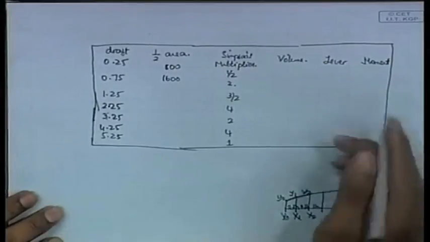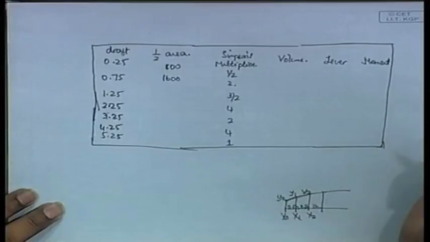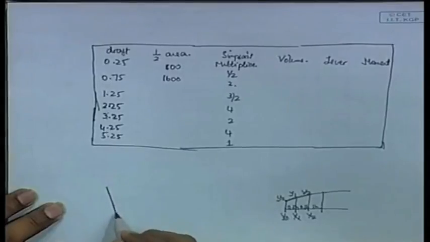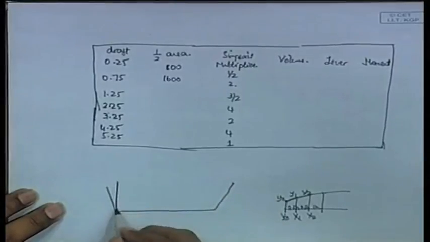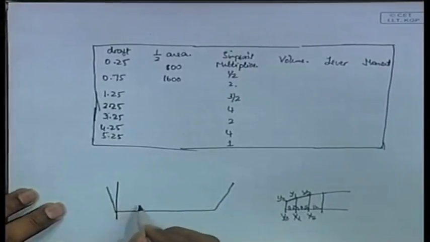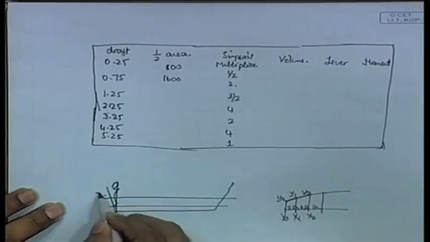Now there is something here after this volume, which we call lever. Lever means when you multiply the volume with some distance, you will get a moment. That distance is called the lever. For example, if you have a ship like this, the volumes in this case we are finding not by stations, but by water lines.